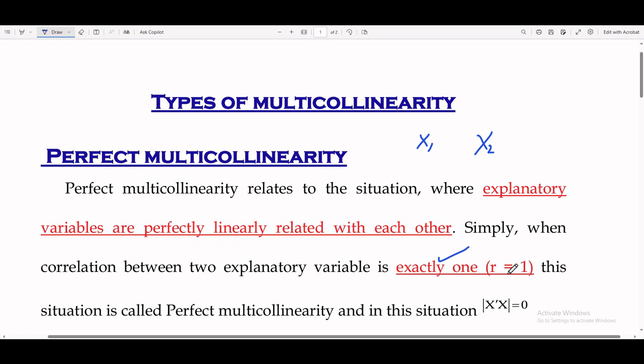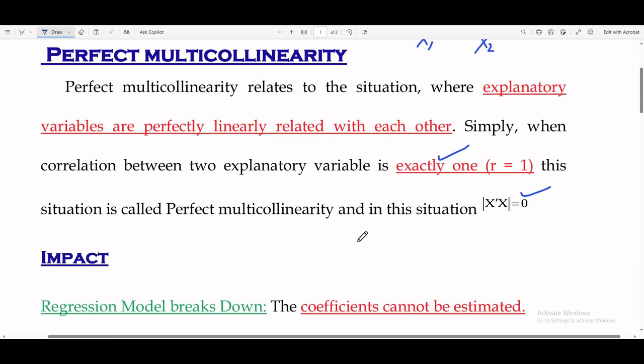If the correlation coefficient between two variables is 1, they are exactly collinear, and the relationship among them is perfect multicollinearity. And in the case of perfect multicollinearity, the determinant of X prime X is equal to 0.